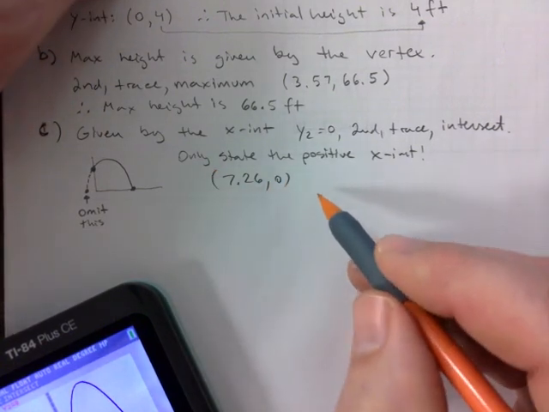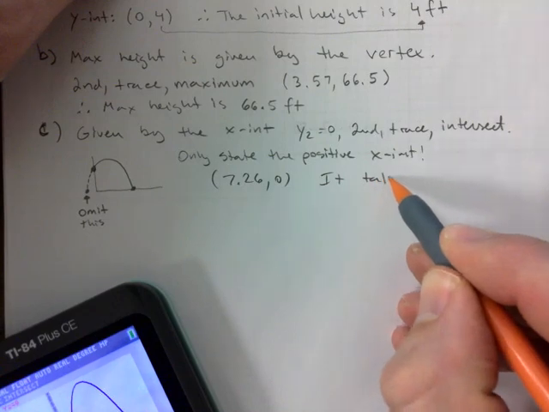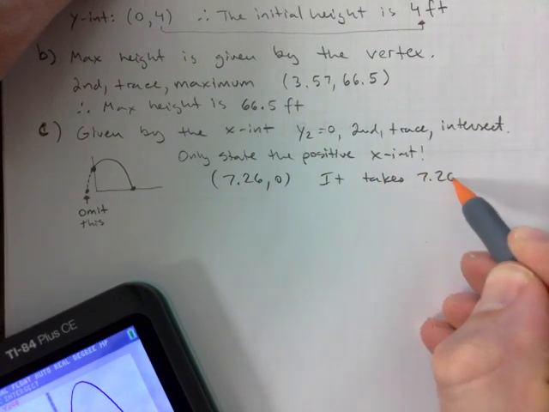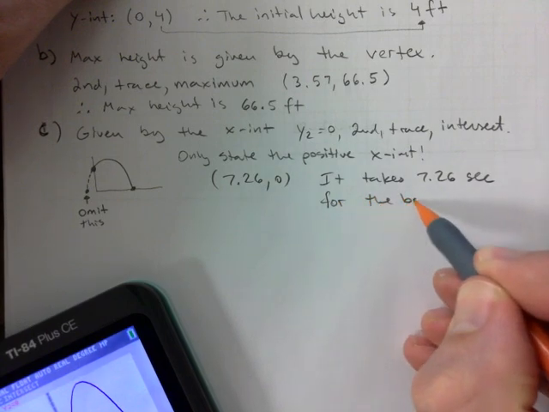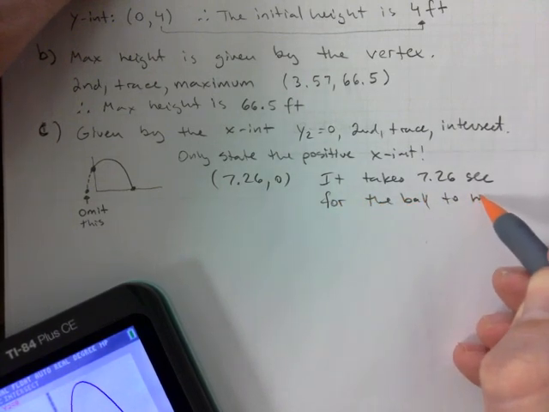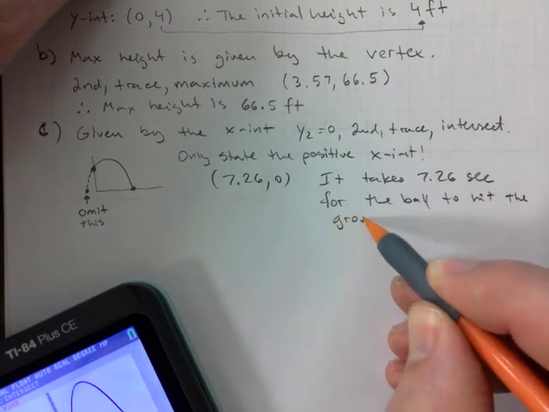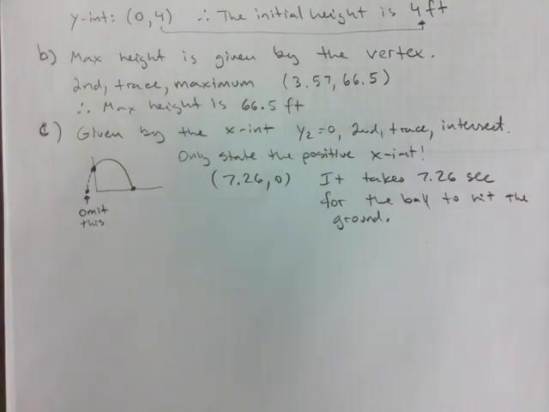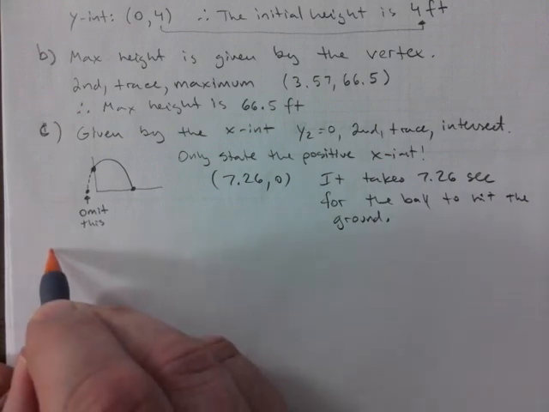It takes 7.26 seconds for the ball to hit the ground. Okay, there we have it. D.